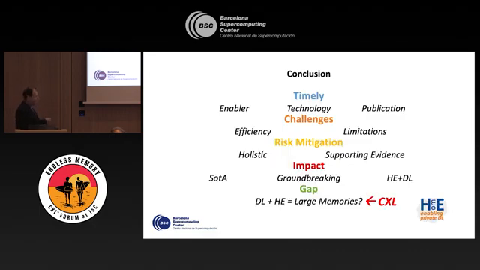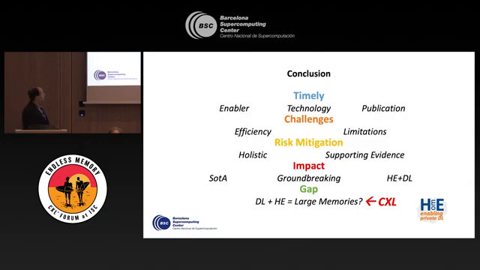So to conclude this part, this is a timely project. It's going to be an enabler. The technology is cutting edge, and we have a recent publication supporting this. There are challenges in overcoming the efficiency and limitations of current software and hardware technologies.